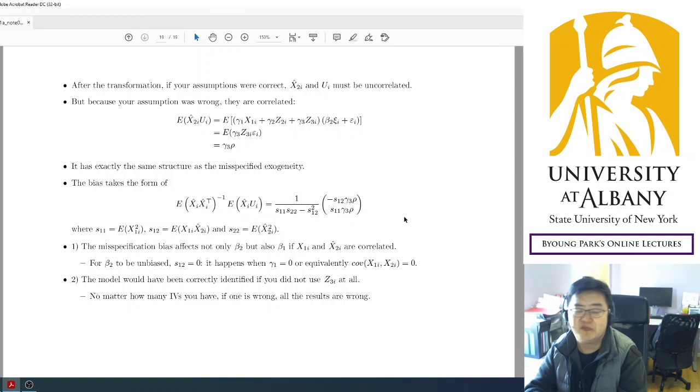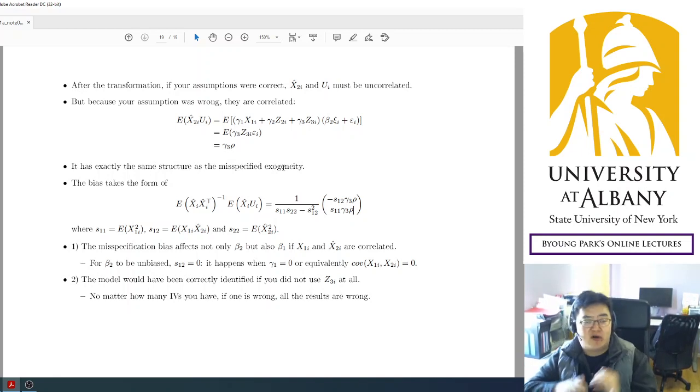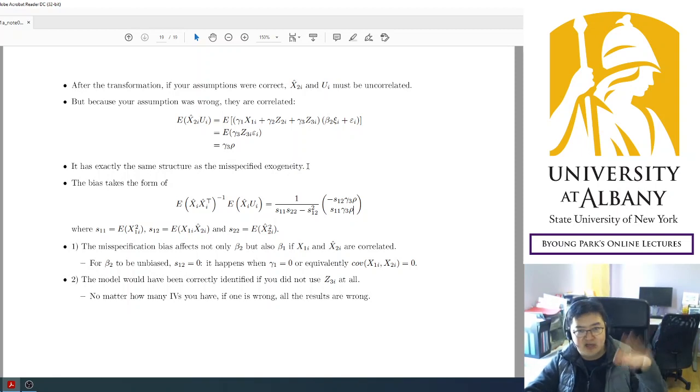Then what can we tell? You can use the same intuitions we had before. First, beta 2 is biased, which is obvious. But also, beta 1 is biased. That is consistent throughout the misspecification analysis. And for beta 1 to be unbiased, one of these three must be 0.